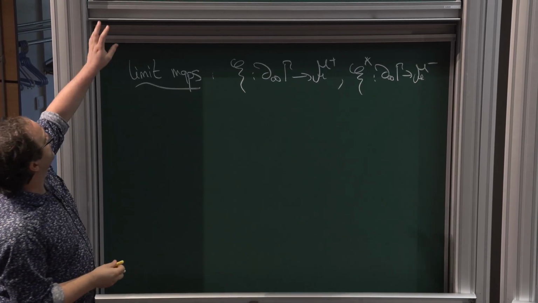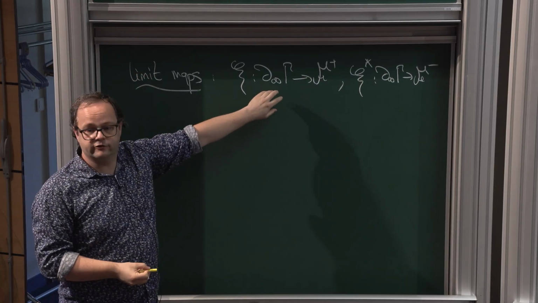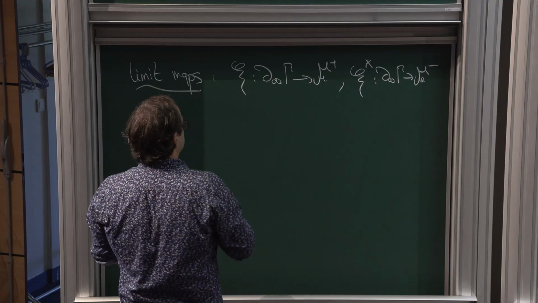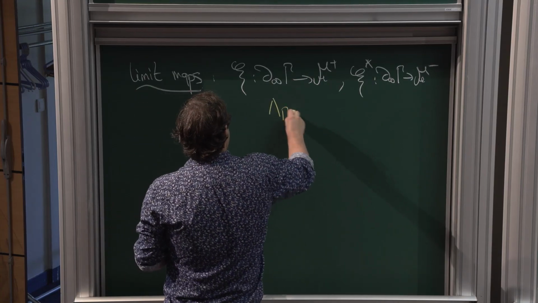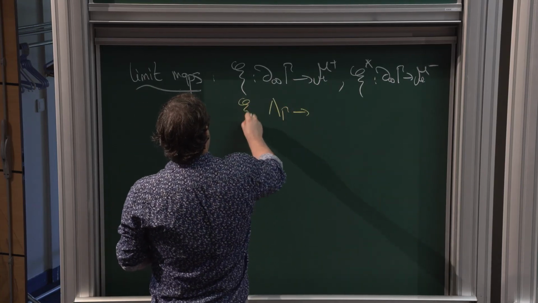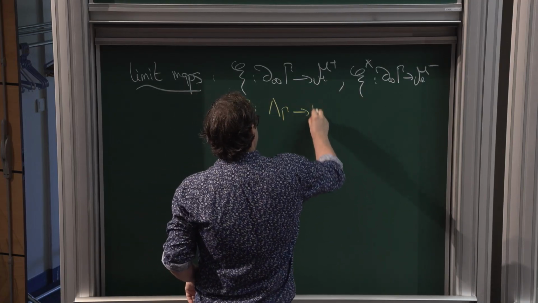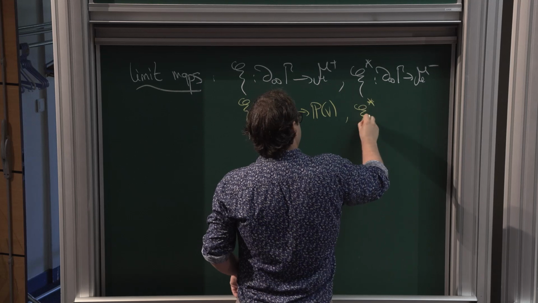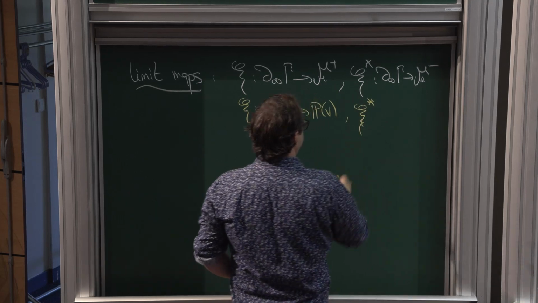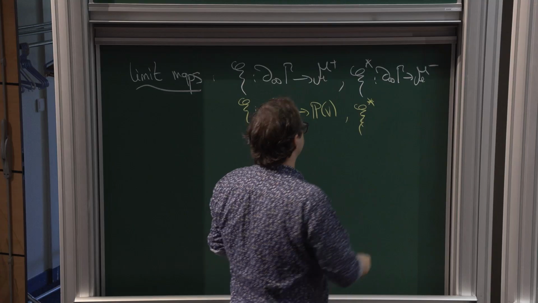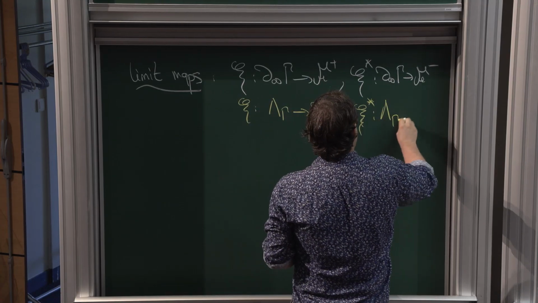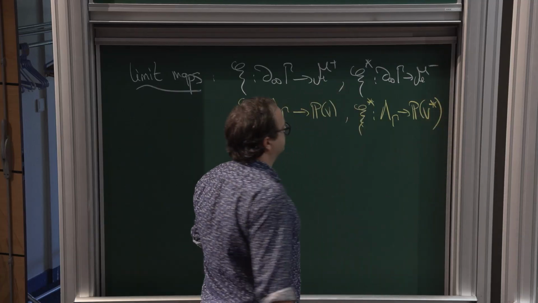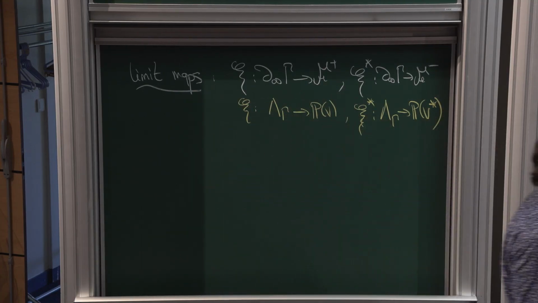Right, in our example, this boundary of gamma will just be the limit set, right? So you can just think of this as xi from lambda gamma to the projective space, and xi star will go to the projective space of the dual space.